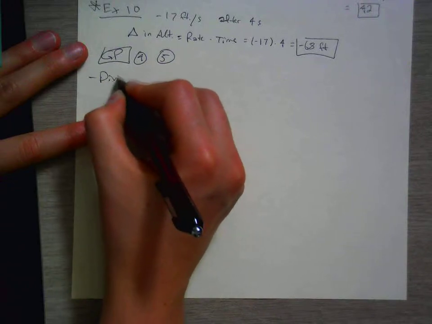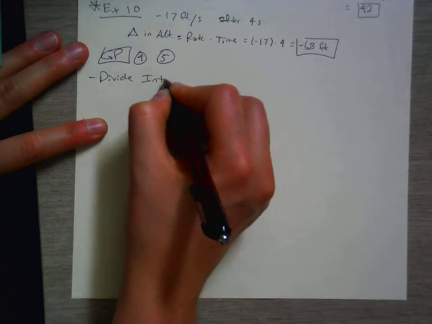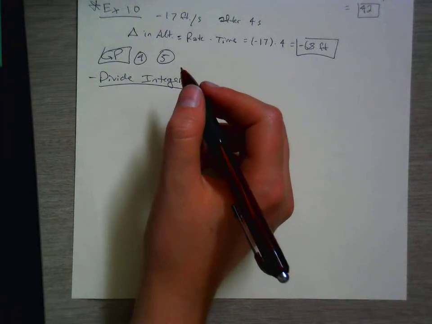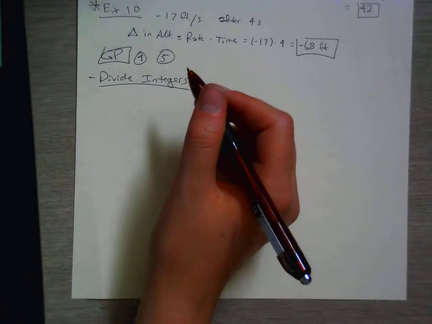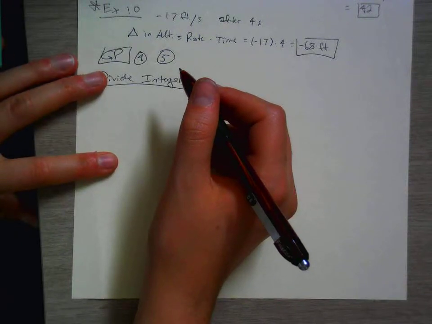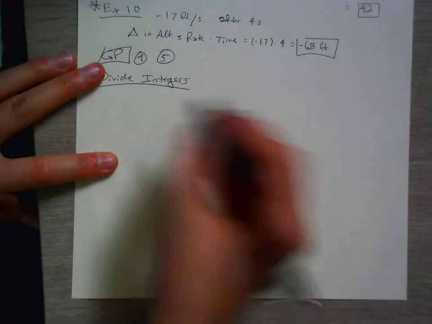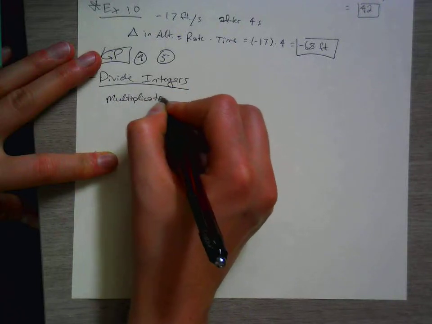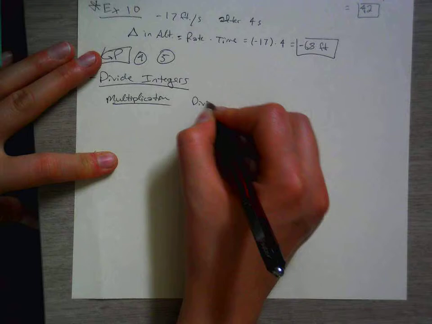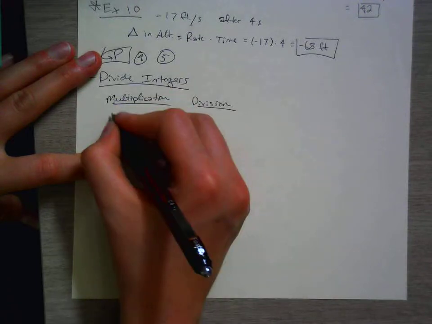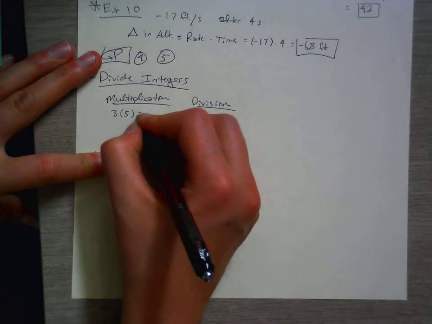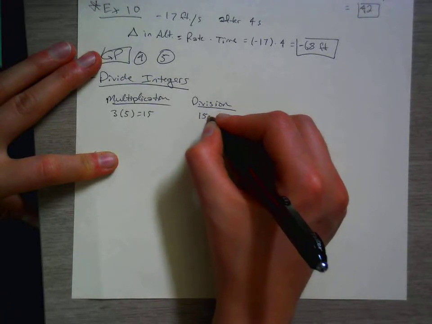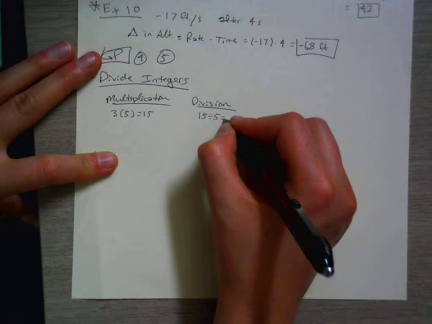Next, divide integers. Division is the inverse, or reverse, of multiplication. Let's just look at how this works. If we have multiplication here and division here, let's say we have 3 times 5 equals 15. Well, if you do the opposite, 15 divided by 5 equals 3.